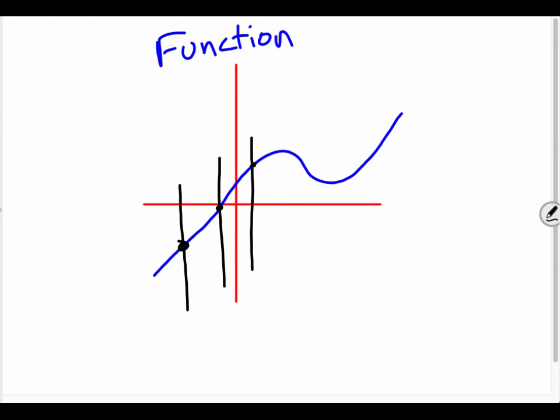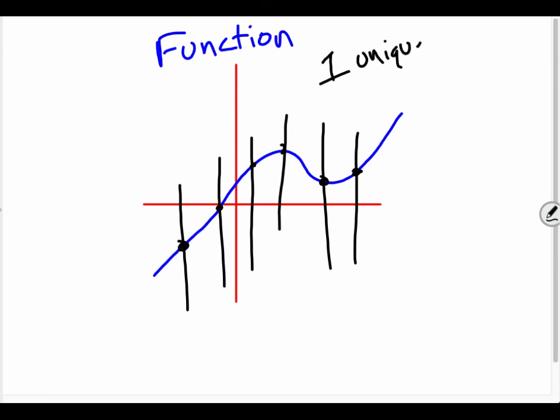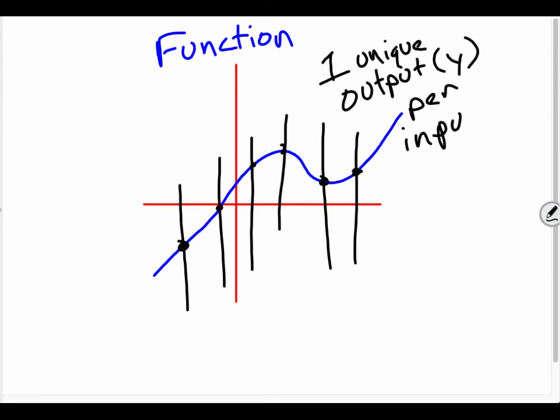Draw it here, crosses once. Here, crosses once. So we have one unique output, which we'll call y, per input, which we will call what? That make sense? Yep.